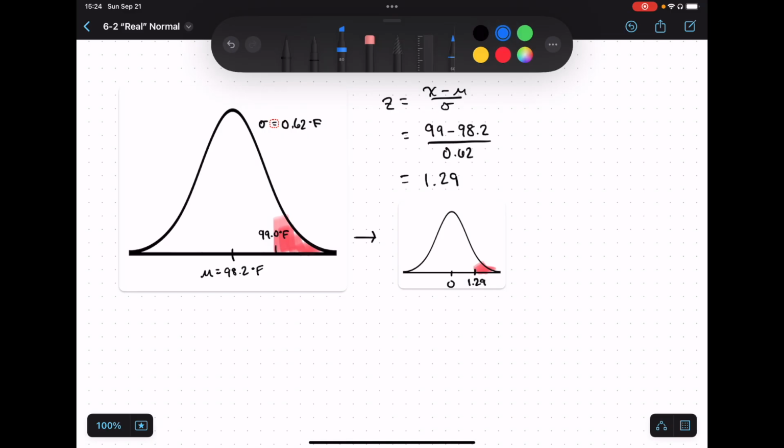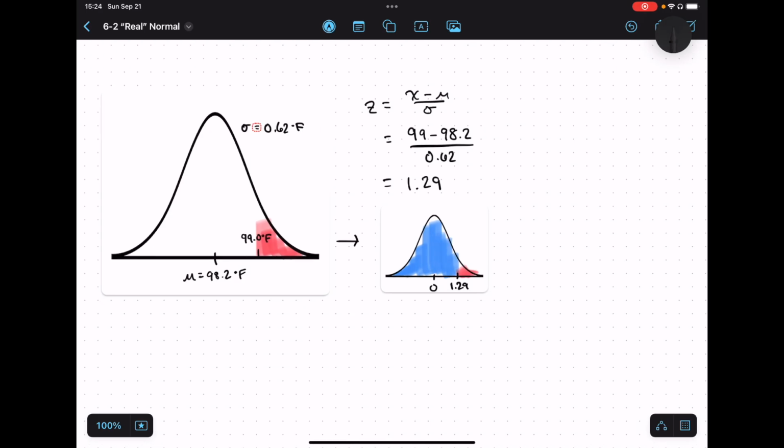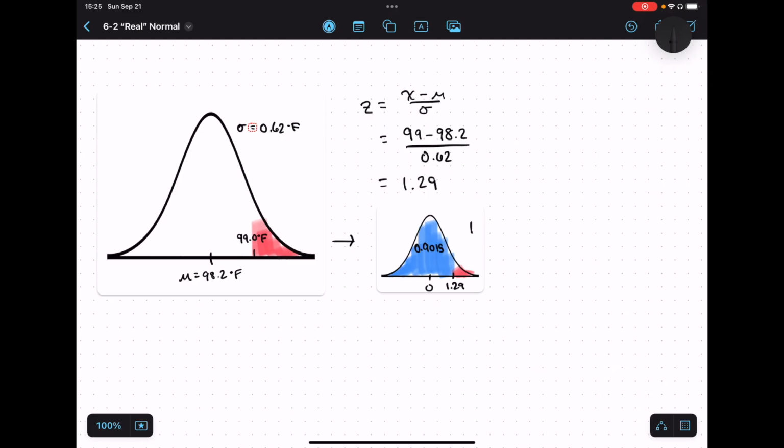That table doesn't list the area to the right of a z-score, but instead the area under the curve to the left. And the area to the left of our z value is 0.9015, which means that the area under the curve to the right of our z-score is 0.0985.